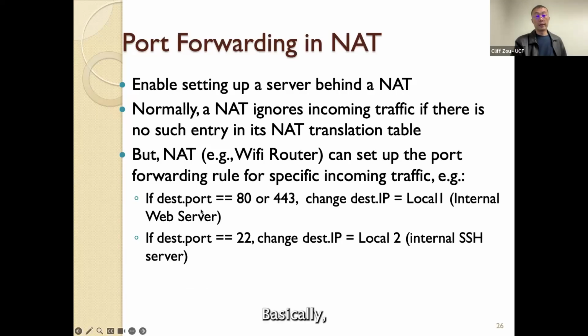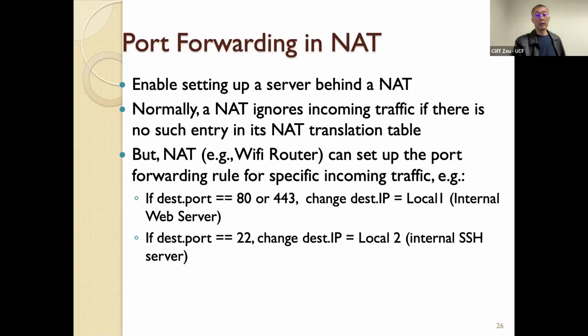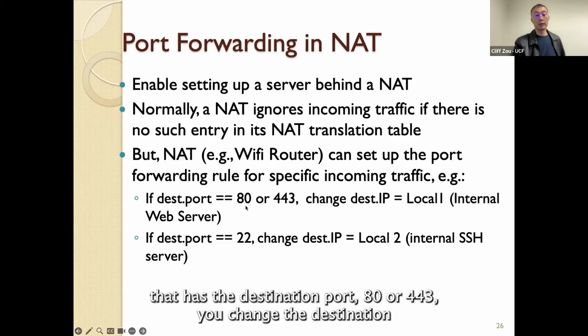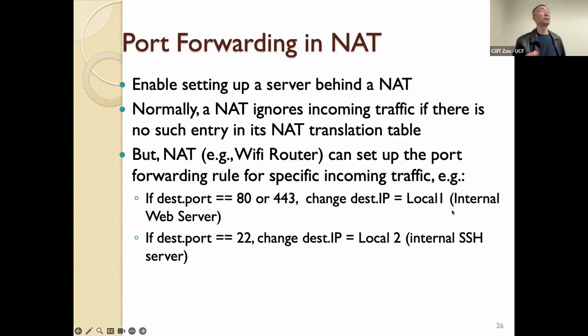Basically, if your Wi-Fi router receives any incoming packet that has destination port 80 or 443, you change the destination IP address to the internal IP address of your web server.